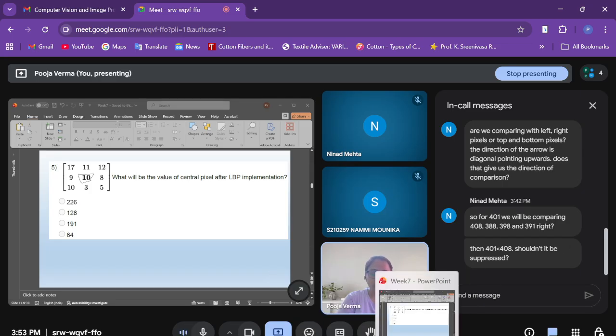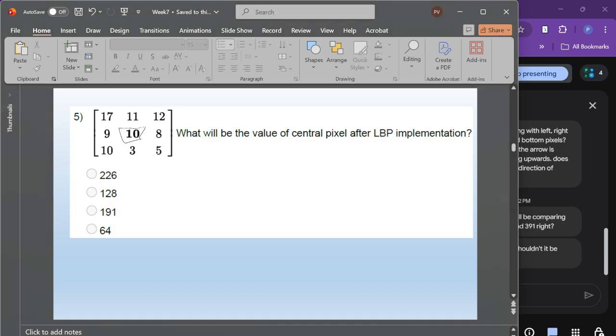So LBP stands for local binary pattern. Okay. So now to calculate the LBP value for a 3 cross 3 matrix, as the matrix is already given, let's say the central pixel is represented by GC, that is 10.